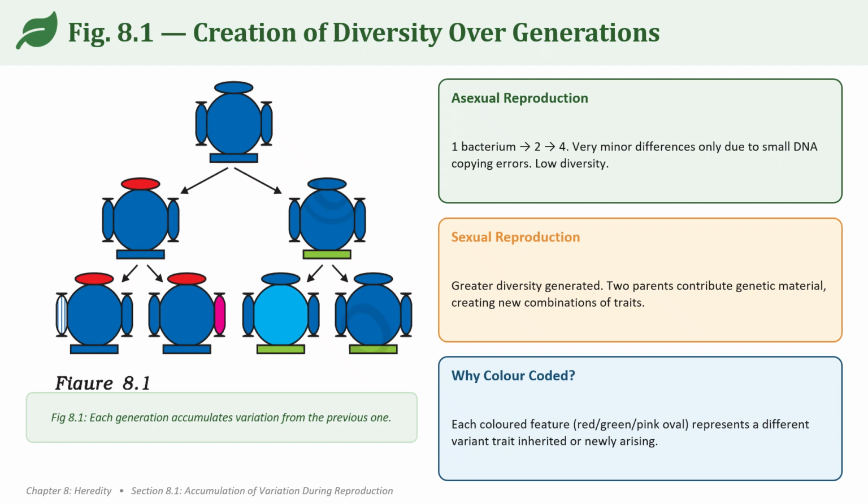And the last one, why color coded? Each colored feature, like red, green, pink, oval, represents a different variant trait, inherited or newly arising. Okay, can you understand this diagram, children? So what has happened here?